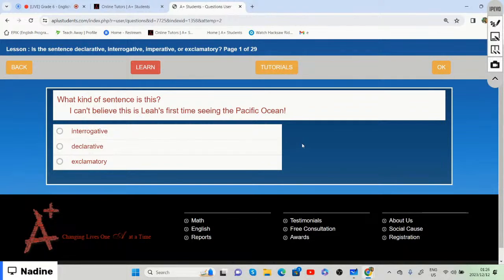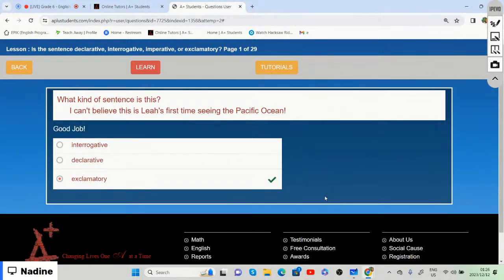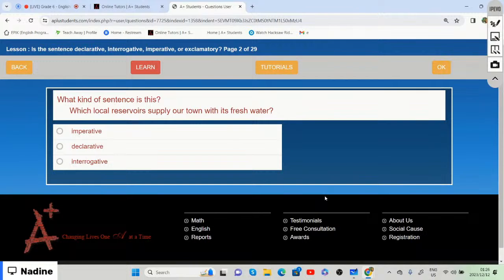All right, so we say that it is an exclamatory sentence, right? So we chose exclamatory sentence.